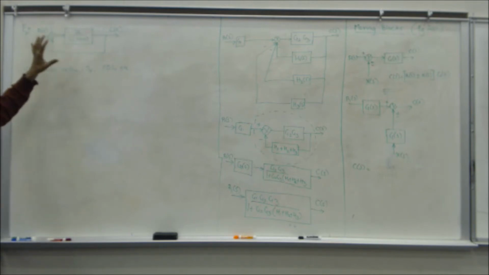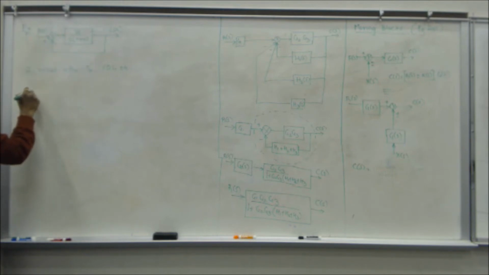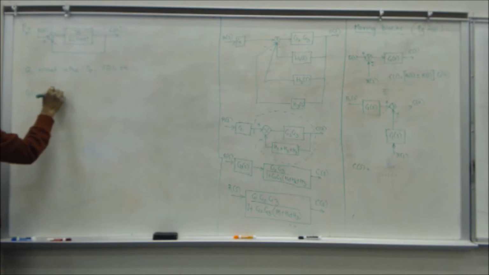So when you're given such a system, the first thing you need to do is, here, what do you need? You need G of S equal to C of S over R of S. So what is this?